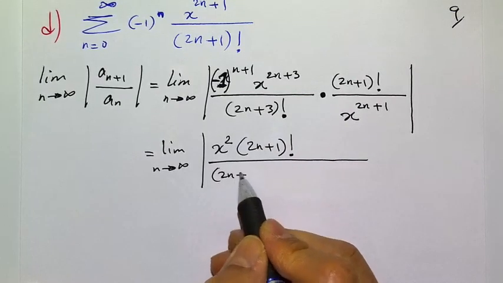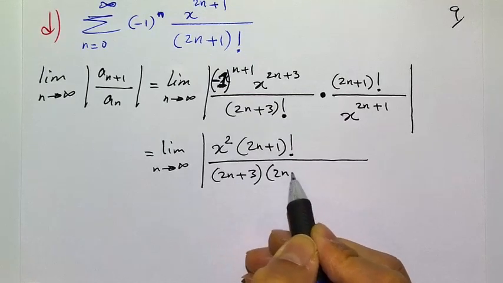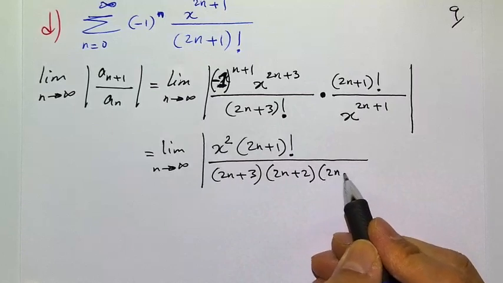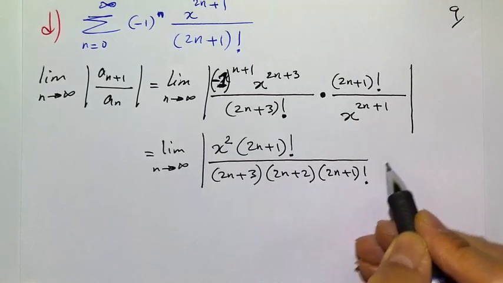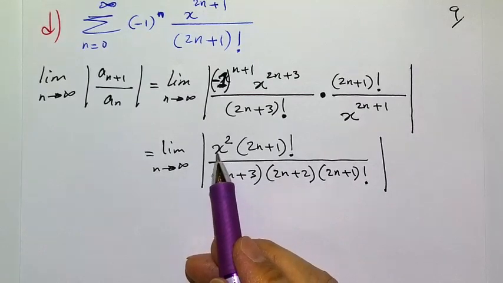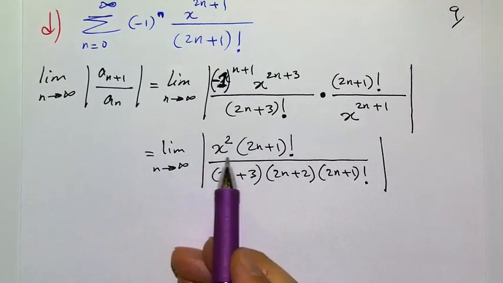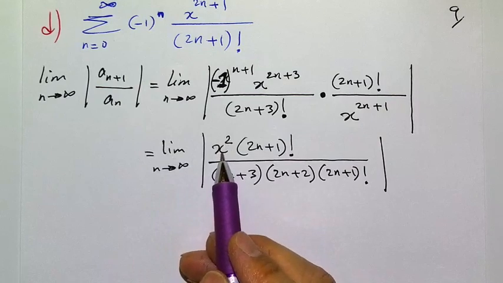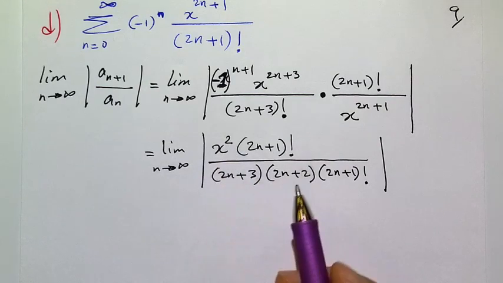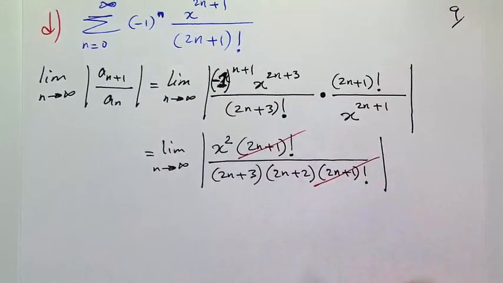So we have 2n plus 3 times 2n plus 2, right? Minus 1 times 2n plus 1 factorial. Now, that x squared, of course, can be put in front. We don't even need an absolute value for that because x squared will always be positive. But this term and this term cancel out.